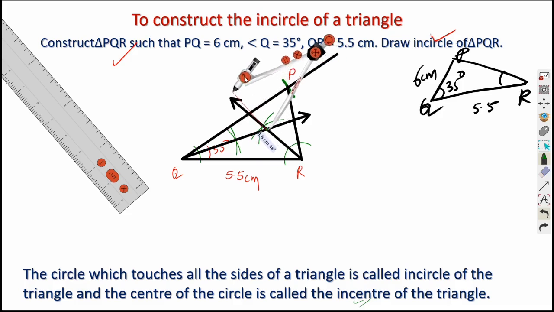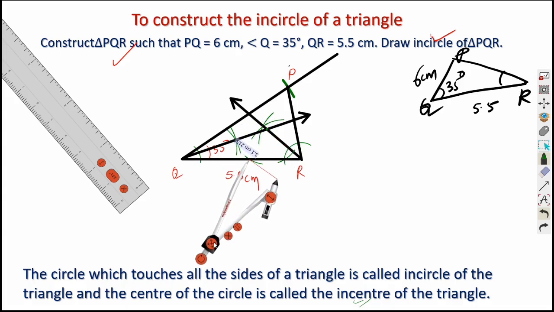For example, increase this, mark here. You will mark here, one here, and will turn to this side and mark here, and take the compass, keep here, just increase this and mark here.